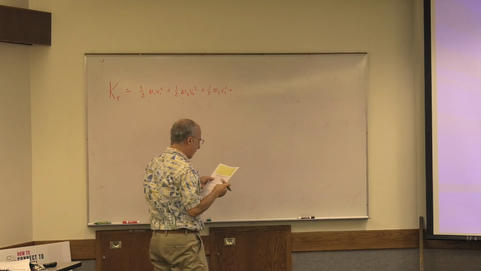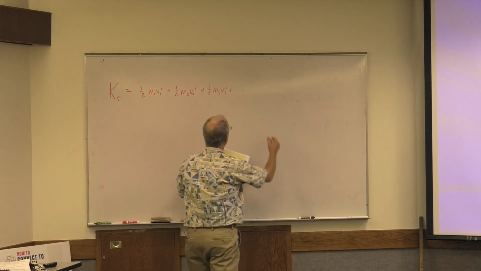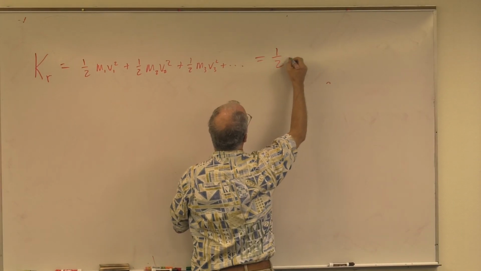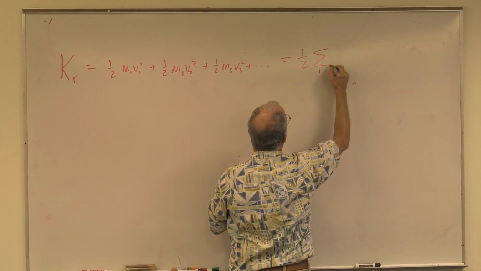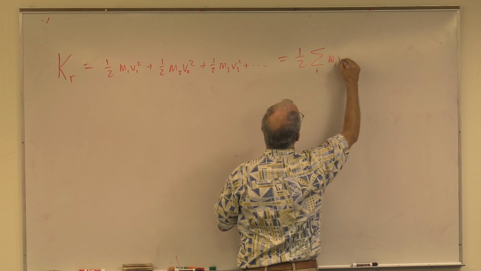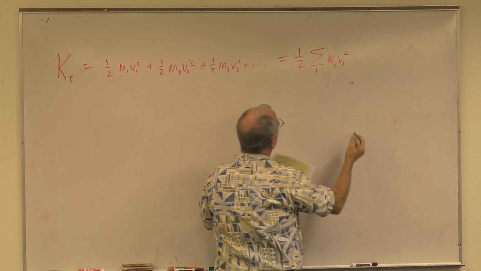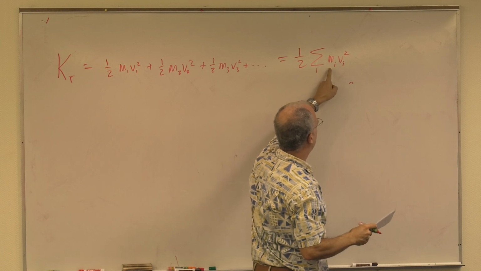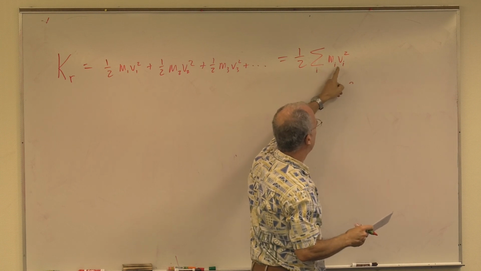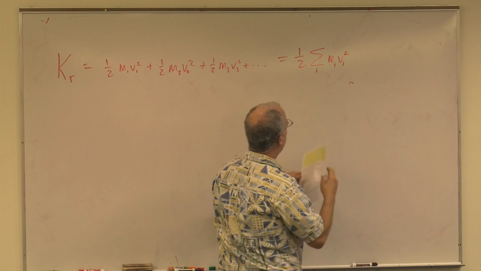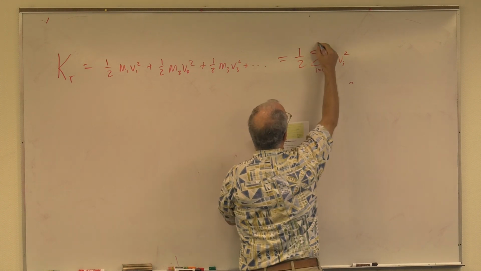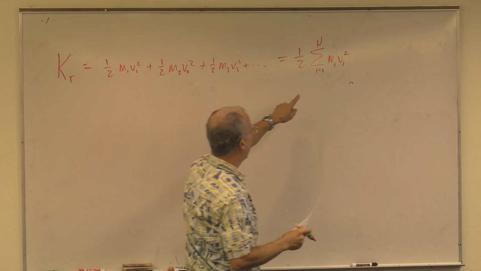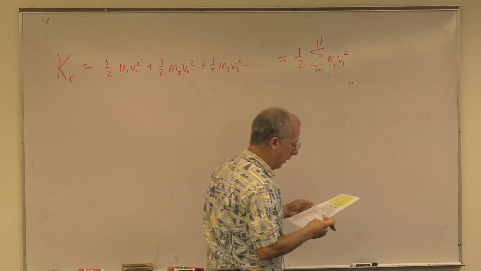Now that gets sort of tiring to write it like that. So let's just be lazy. Let's just write 1/2 sum over i of mi vi squared. This means m1 v1 squared plus m2 v2 squared, it's a sum, so you add, and so on. So i goes from 1 to however many molecules there are. We don't usually bother writing i equals 1 to n because it's understood.